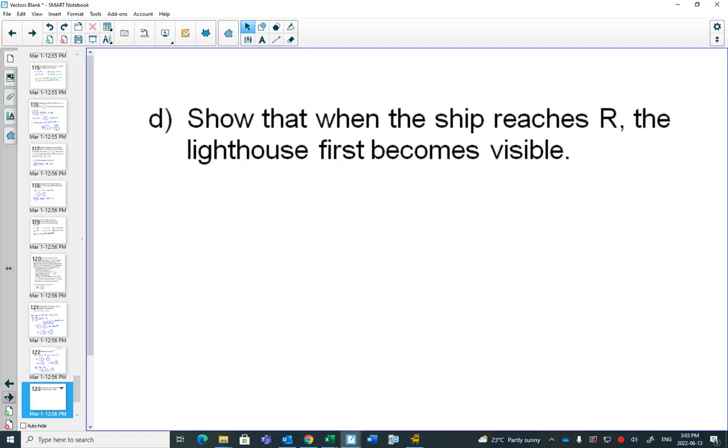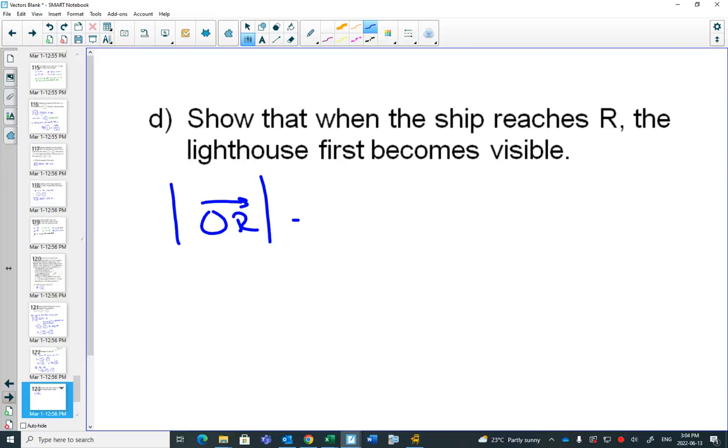Show that when the ship reaches R, the lighthouse first becomes visible. So if we find the length of OR, it would have to be 25 kilometers, because that's when you could see the lighthouse.